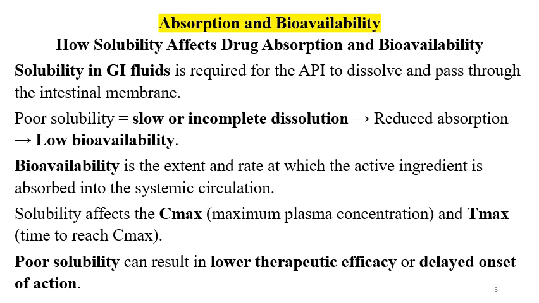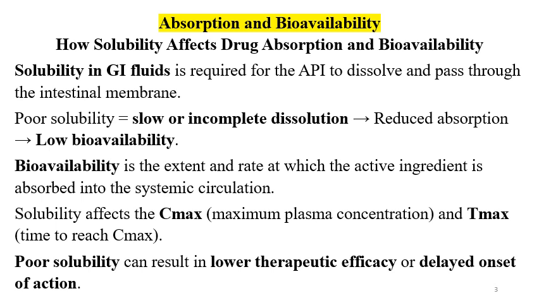Bioavailability of the API is the extent and rate at which the ingredient is absorbed into the systemic circulation. So, there are two terminologies, Cmax and the AUC. Solubility affects the Cmax, that is the maximum plasma concentration, and Tmax, that is the time to reach Cmax.